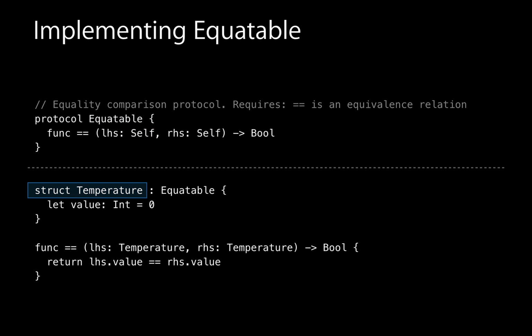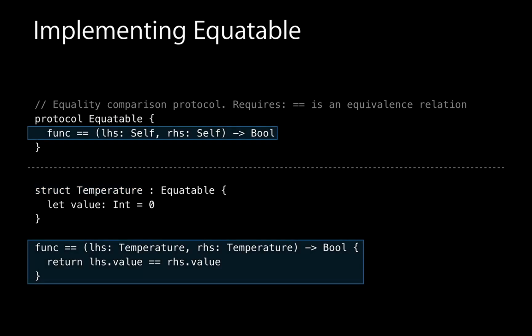Protocol adoption is available to structs, enums, and classes, not just classes as in Objective-C. Second of all, we've satisfied its operator requirement outside the type body. And that's sort of specific to operator requirements. All other requirements you'll find satisfied inside the type body or inside an extension.